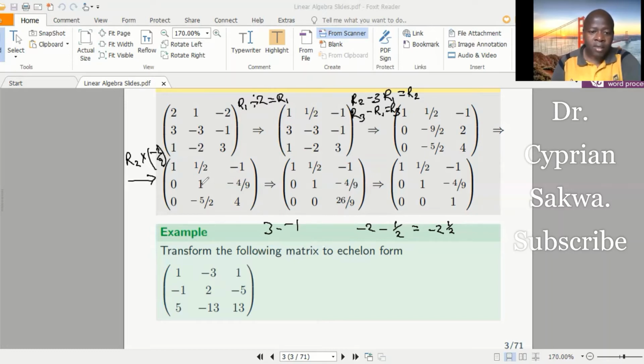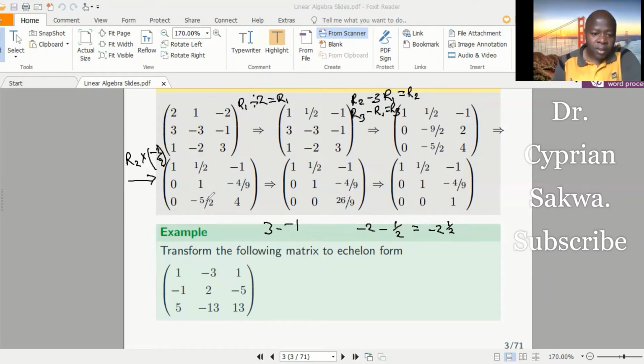So I have a 1 in this position. It's easier dealing with a 1. I would have left it the way it is, but it would consume much of the time. So now that I have a 1 in this position, I use this 1 to create a 0 below it. How do I create a 0 here?